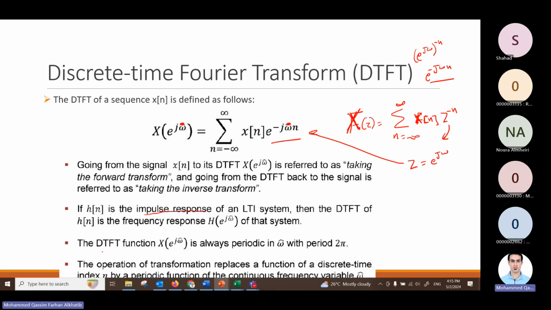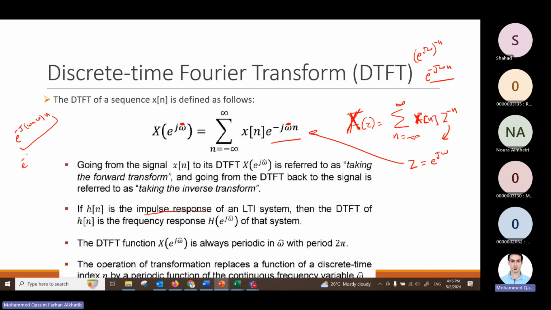Good to note here that the DTFT is always periodic over 2 pi, and this can be easily proved. Since we say periodic over 2 pi, you can say omega plus 2 pi n. So we'll check how much this equals.